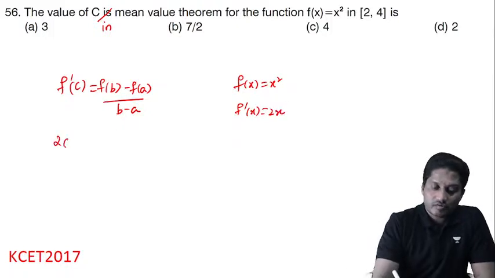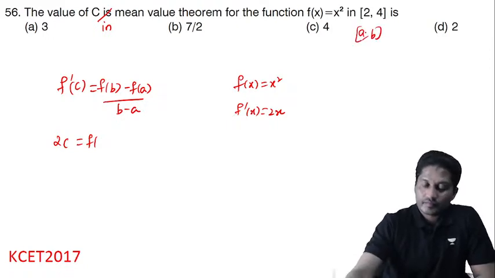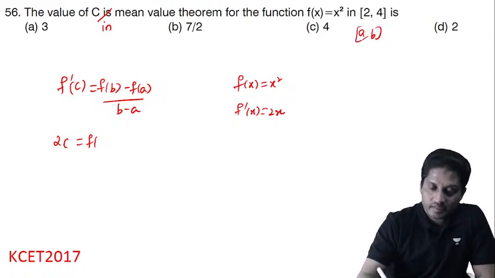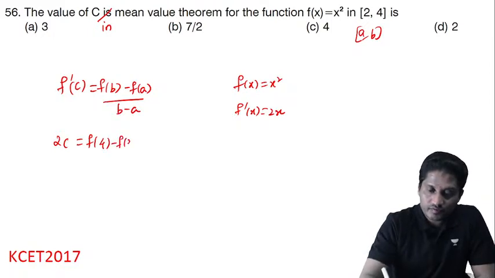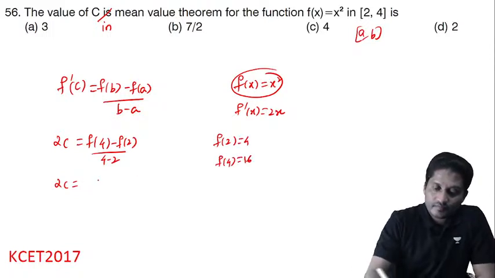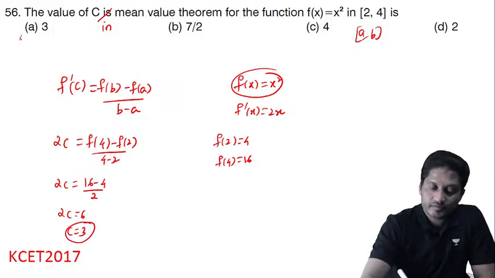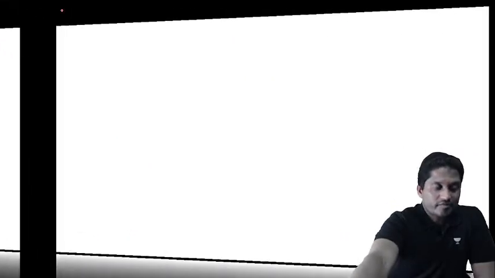F dash of C is equal to 2C is equal to f of B minus f of A by B minus A, that is f of 4 minus f of 2 by 4 minus 2. F of 2 is 2 square 4, f of 4 is 4 square 16. 16 minus 4 divided by 2. 2c is equal to 6, c equal to 3. Obviously 3 belongs to open interval 2, 4, right?